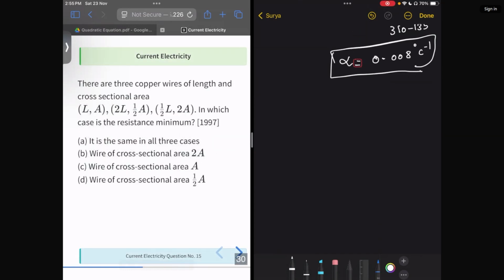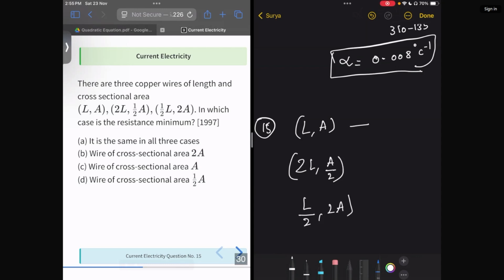So there are 3 copper wires. The first wire has length L and cross-sectional area A, the second is 2L with area A by 2, and the third wire is L by 2 with area doubled.